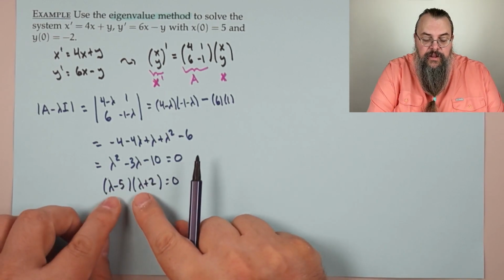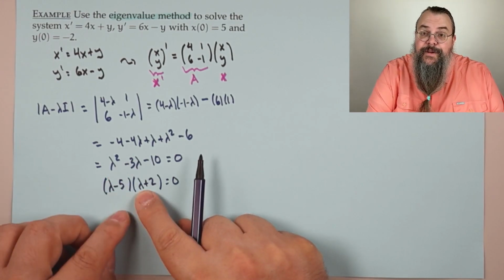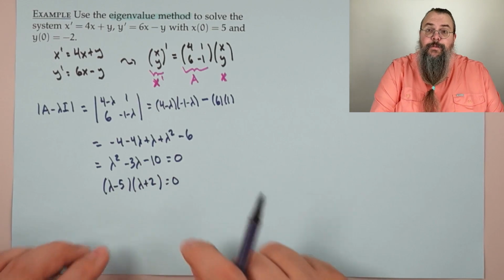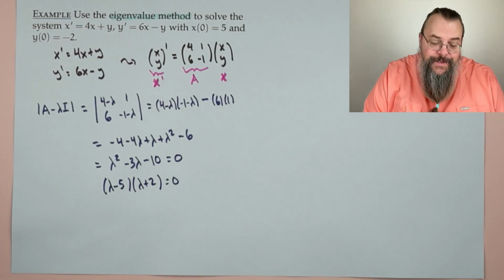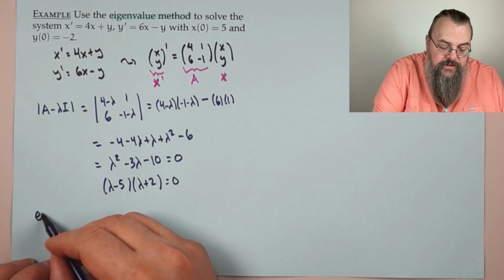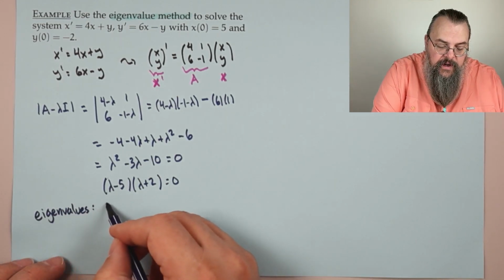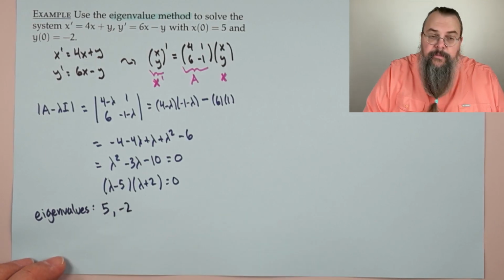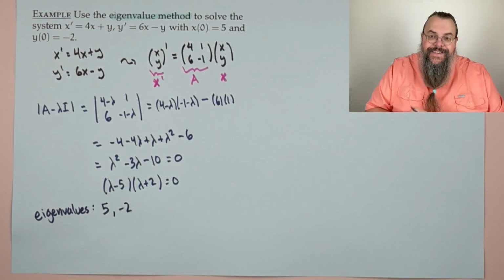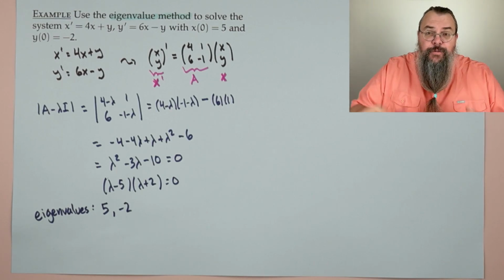Let's check. Lambda squared, good. 2 lambda minus 5 lambda, minus 3 lambda, great. Minus 10, wonderful. Okay, so our eigenvalues are 5 and negative 2. Good. Now, we're more or less about halfway.